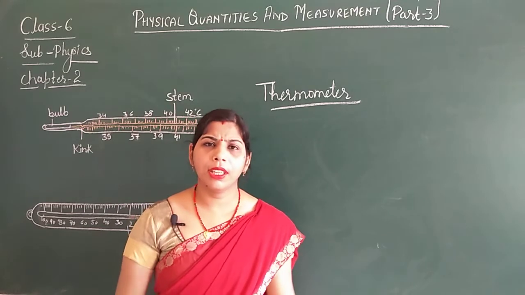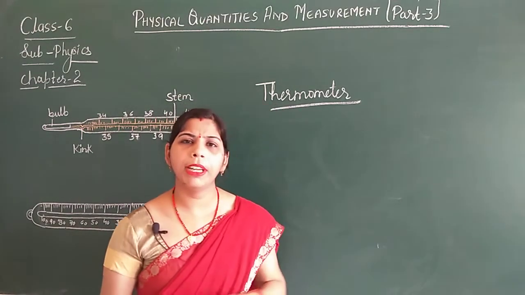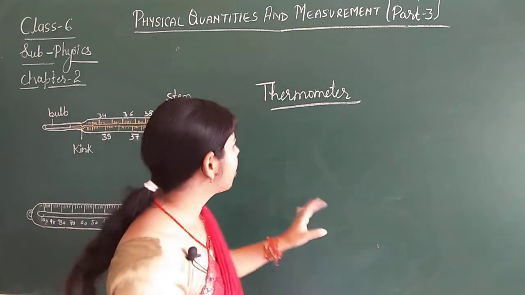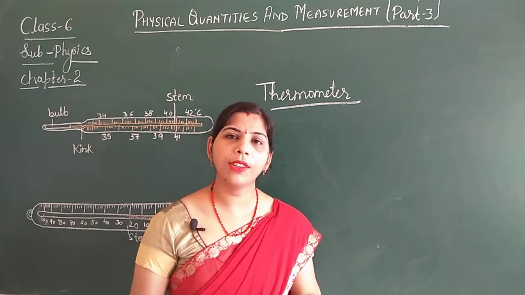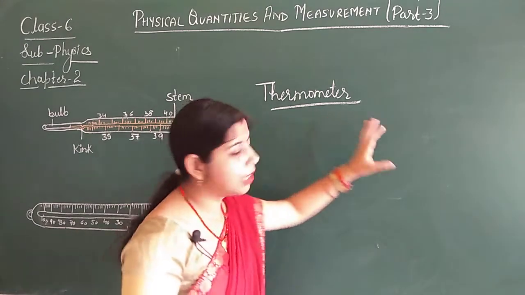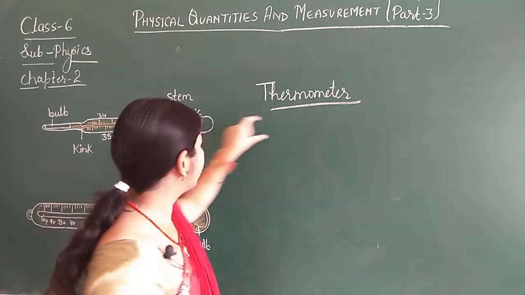A thermometer is mostly made of glass. Earlier it was, nowadays the thermometer is also digitalized so that you can easily observe the reading. But the commonly made thermometer has a glass stem type structure.